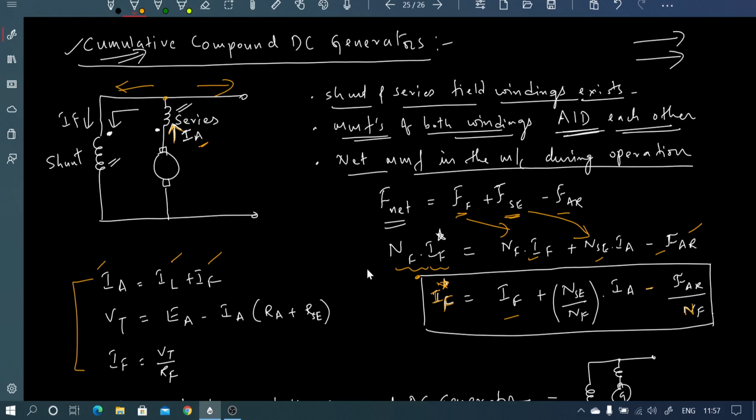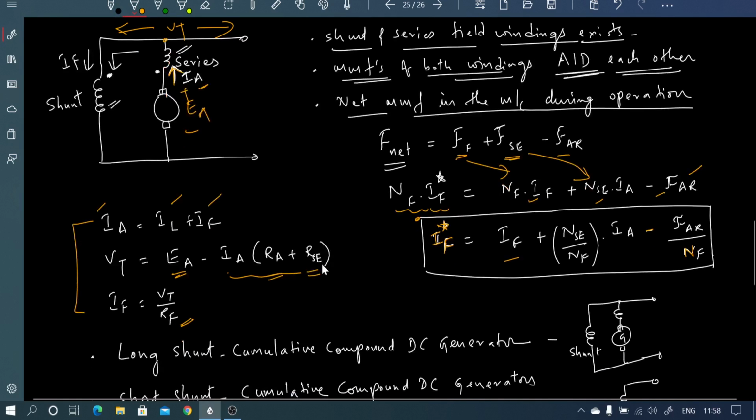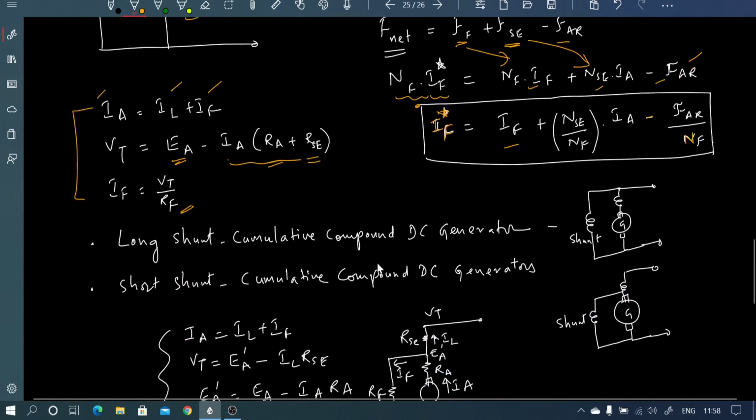The terminal voltage VT equals EA minus the drop taking place in the series field winding and armature resistance, that is, armature resistance plus series field resistance into IA. This is the drop, and IF is VT by RF. So these are the three governing equations of a cumulative compound generator.